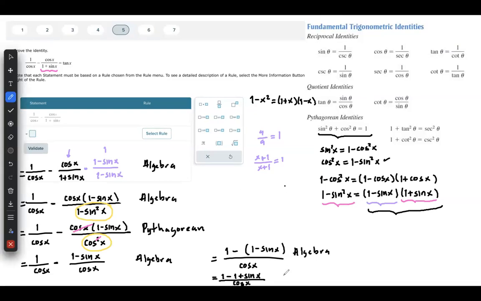So if I get to that point, I'll be able to cancel out this one with this one. If I do that, once again, I'm getting closer because this will be sine of x over cosine of x. Once again, that was just algebra.